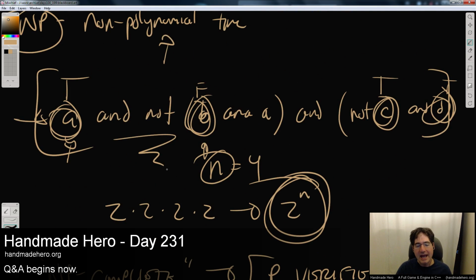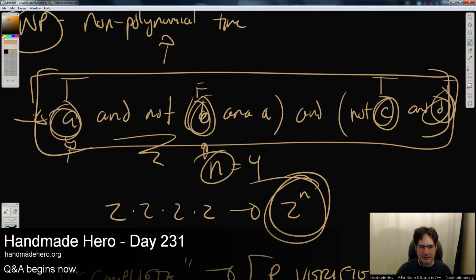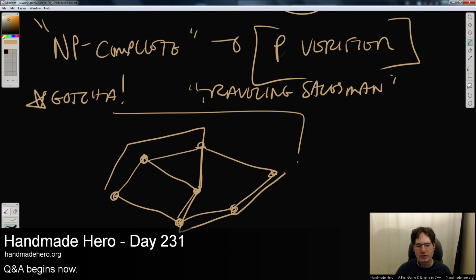It is not like these other problems, because for these problems you can verify solutions to them. You can verify in P time whether a particular set of inputs does or does not do the thing you said it should. Things like the traveling salesman problem do not have that criterion.